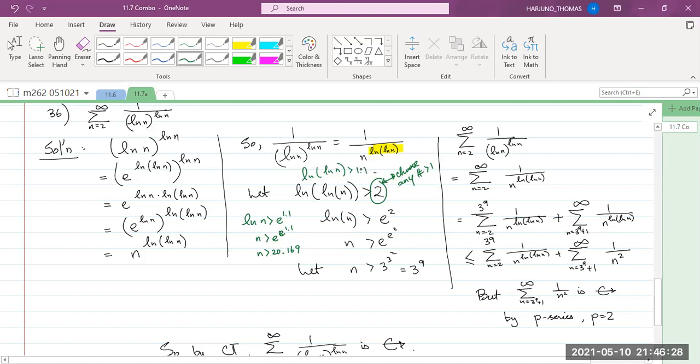When you use 2, there's another number. Actually, if I use 2 here, I can just use n to be 1619, for example. But 3 to the 9 is a very big number. It's much larger.